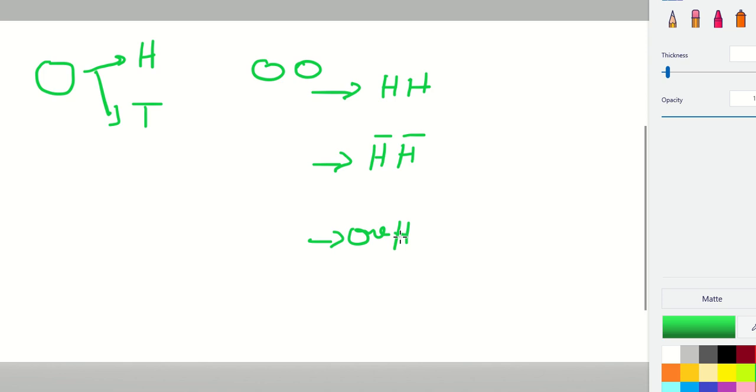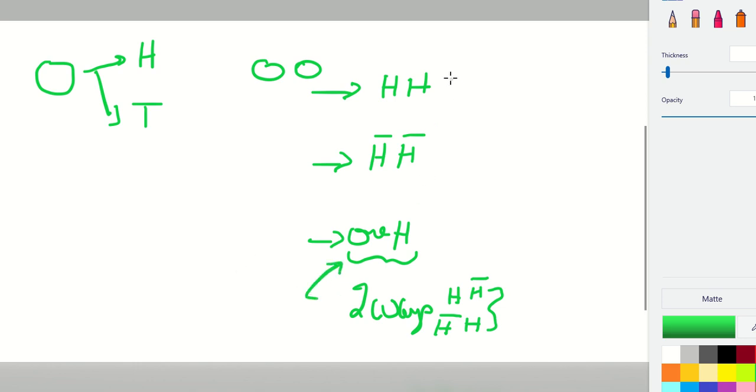Now, the thing about only one head is that this can happen in two ways. It could be head followed by not head, and in this example, that would be tail. Or it could be not a head followed by head. So you have to do both of these to get this one.